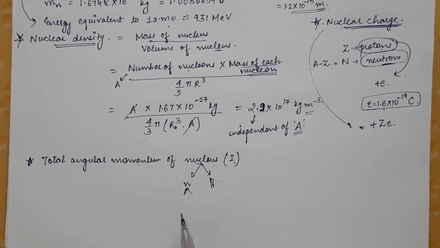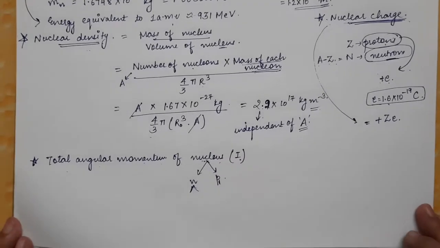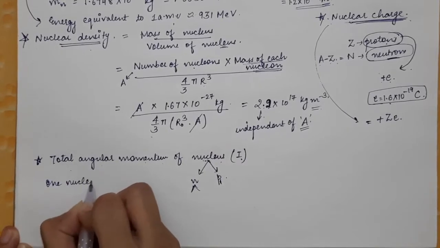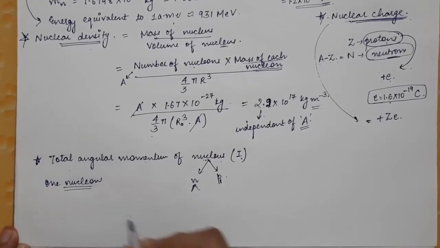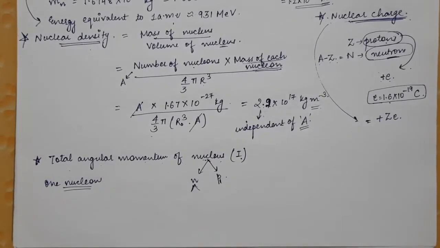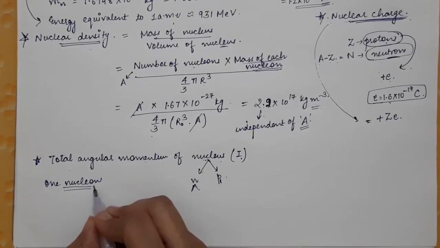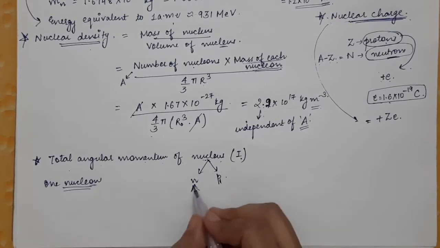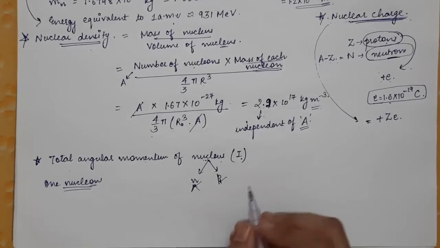So let's consider a single nucleon. That is, it can be either a proton or a neutron. For the case of a single nucleon, we know that every nucleon, neutron or proton, is a fermion.